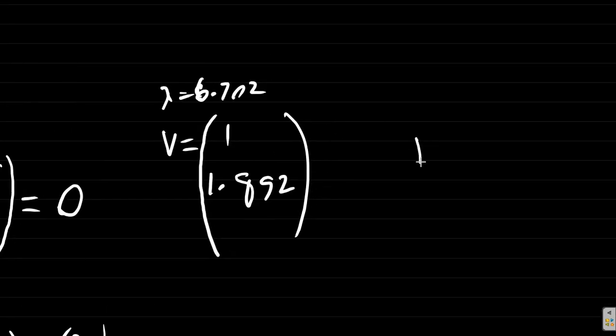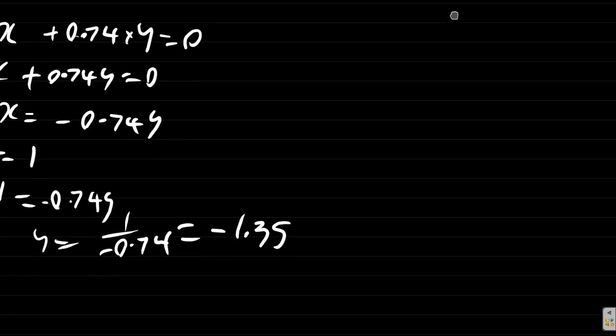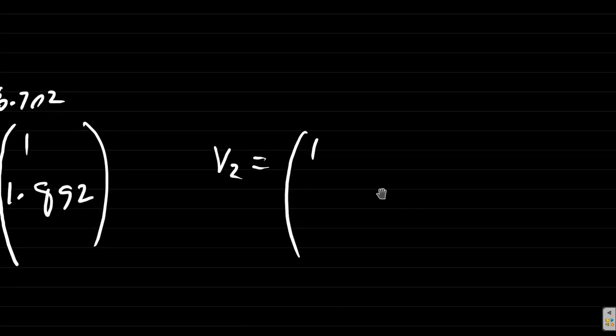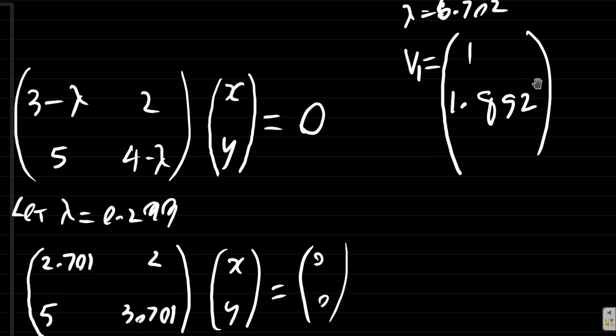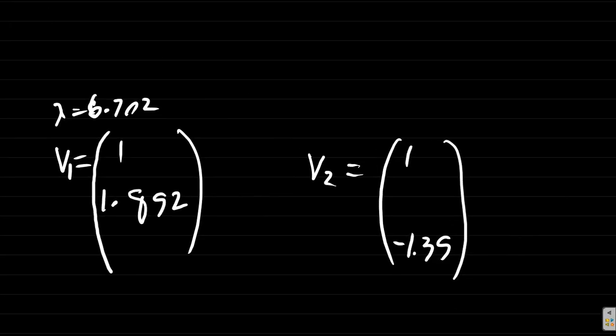So we could call it V1 and this is V2, since it's two different V's. V2 is 1. What was it again? Negative 1.35. That is when lambda is 0.299.